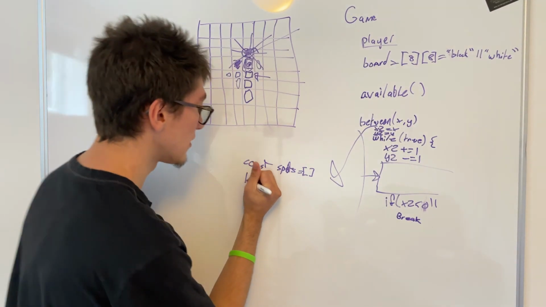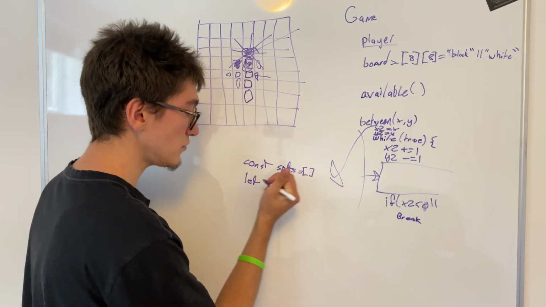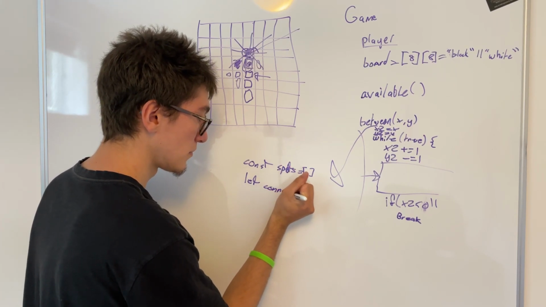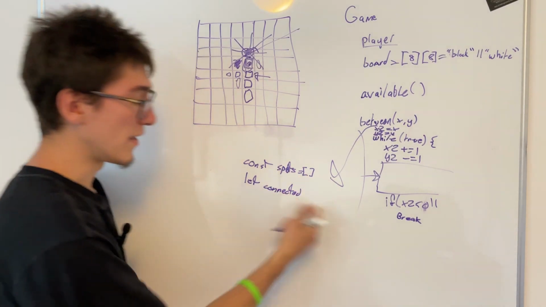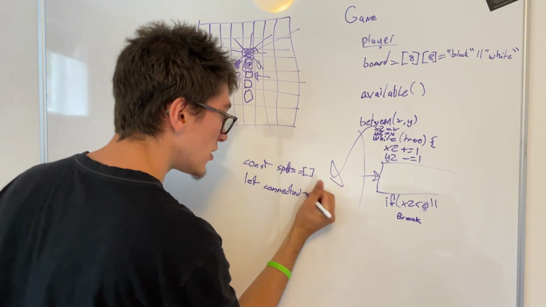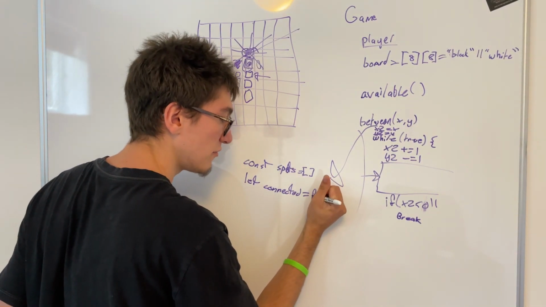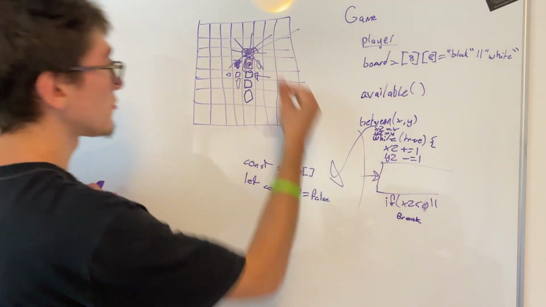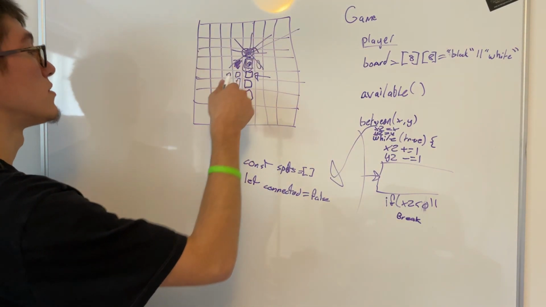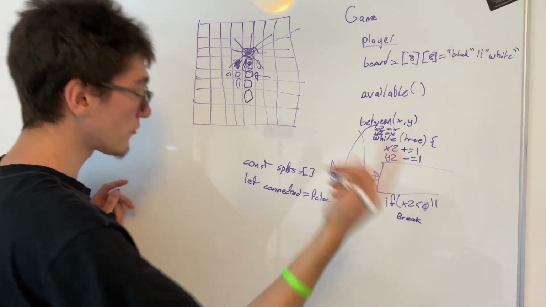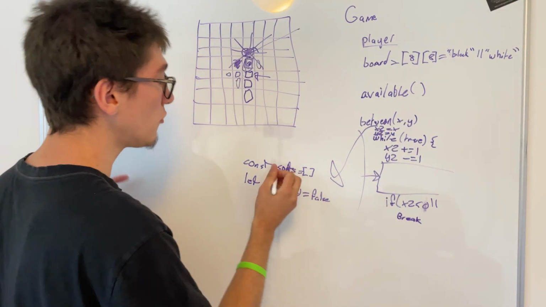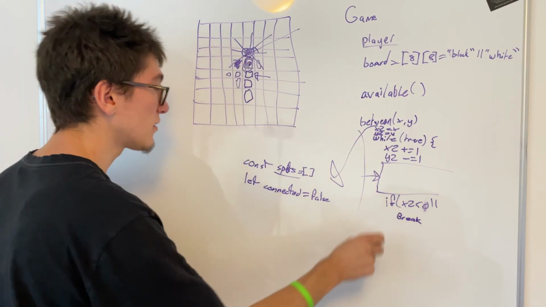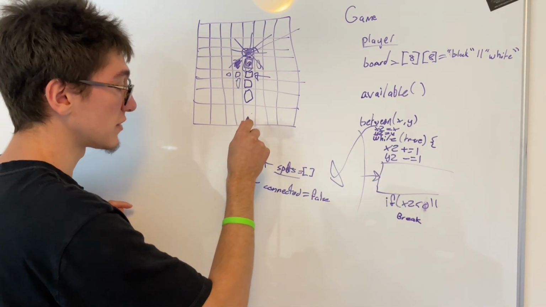So we can have a let connected, or ended, right? If it's ended, be equal to false by default, and it would be true whenever we do find the one that is the same color as the player. We also don't want to add into the spots while we're doing it because it might not be connected, right?